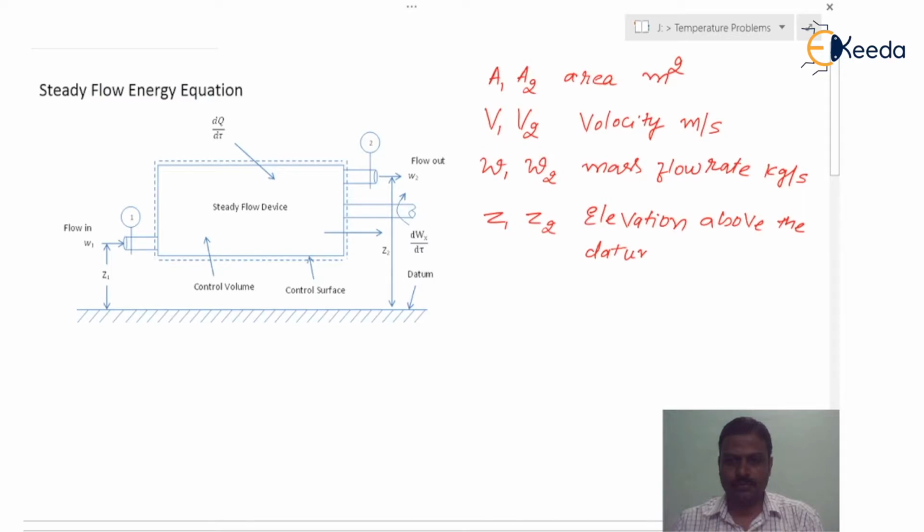Which has a unit of meter, and then we have small v1 and small v2. They are specific volumes which have a unit of meter cube per kg.